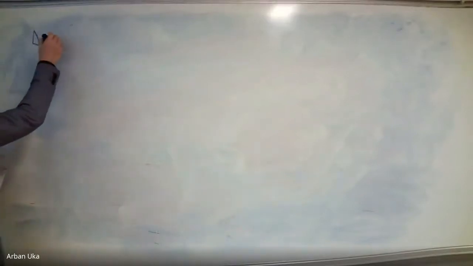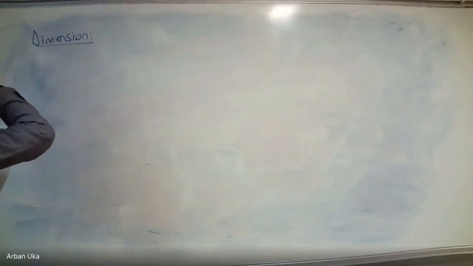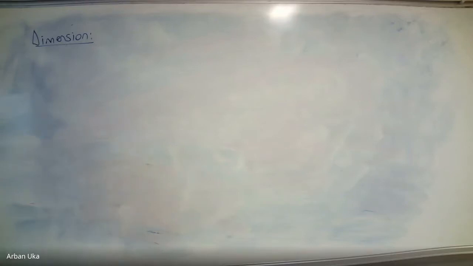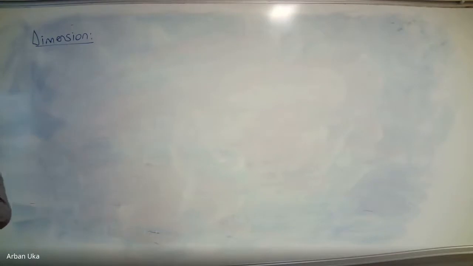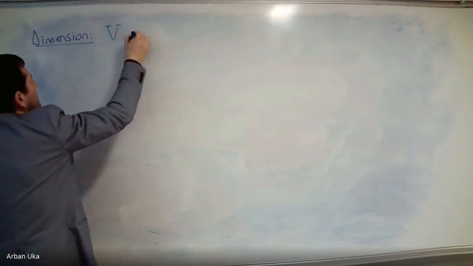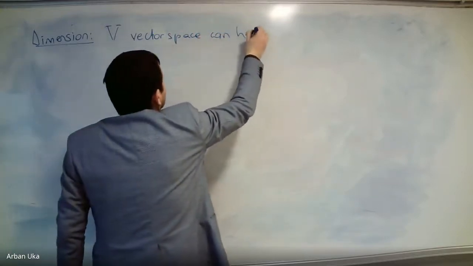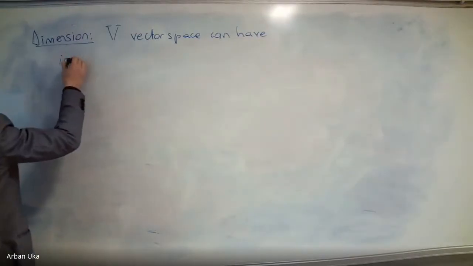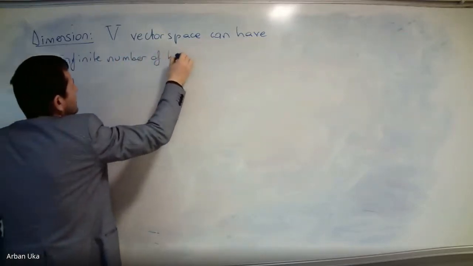Then the next topic we're going to talk about is dimension. Now, regarding the dimension, what we can say is that any vector space V can have an infinite number of bases.